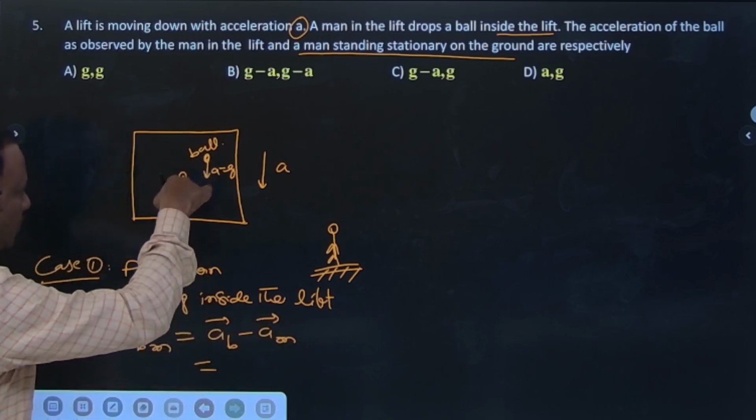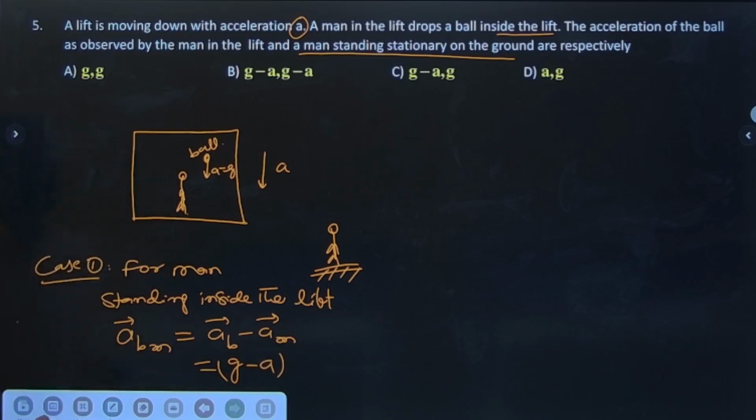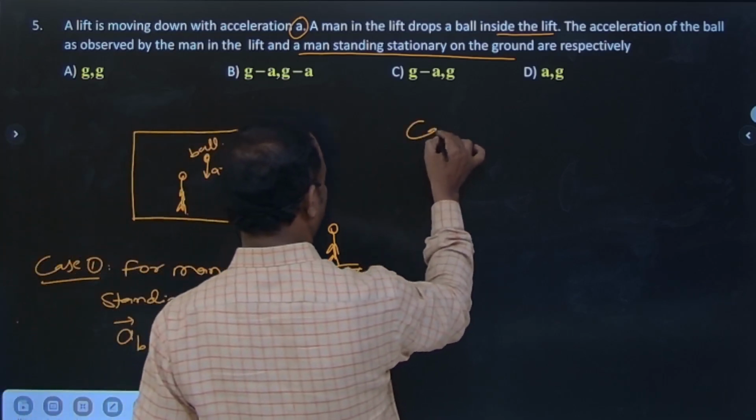The acceleration of the ball, dropped, is g. The acceleration of man is A.